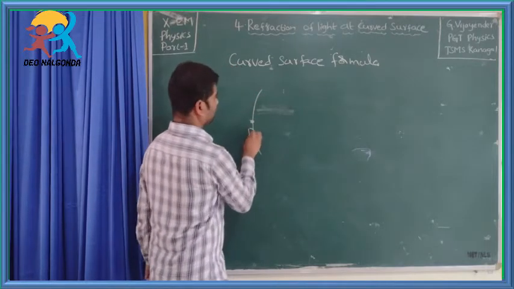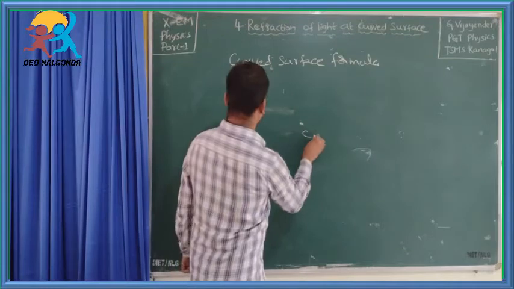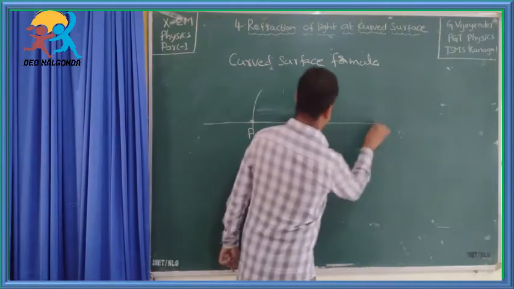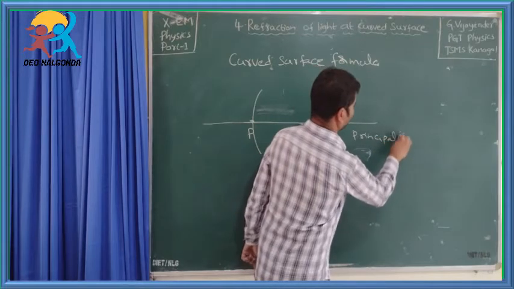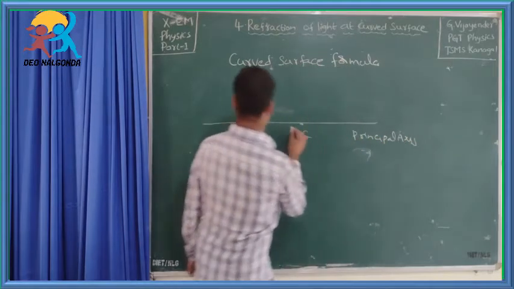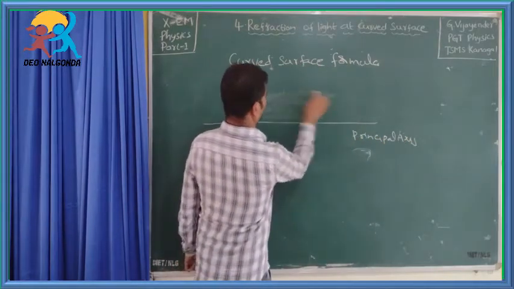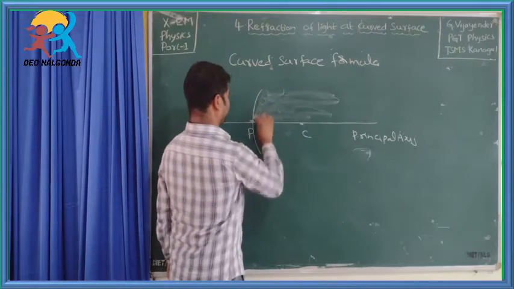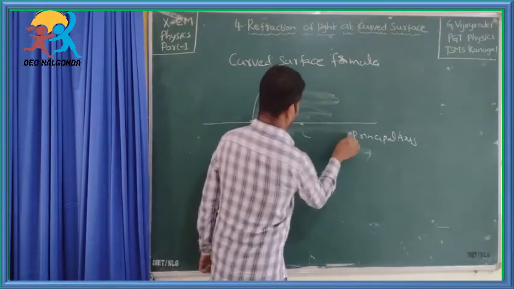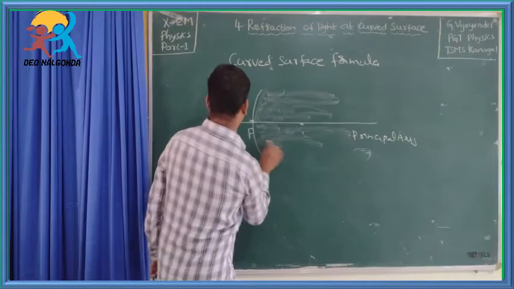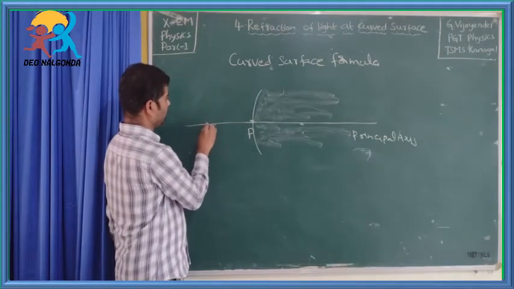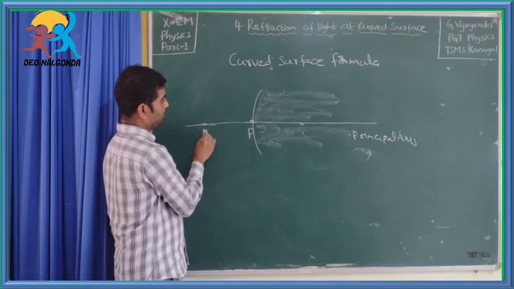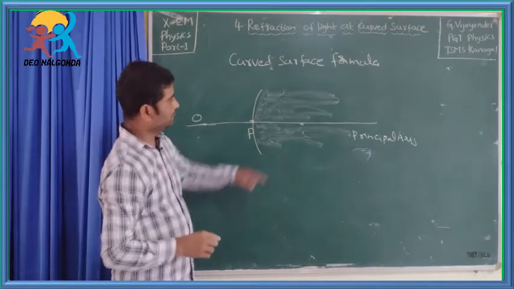This is the pole of the curved surface, this is the center of curvature, this is the principal axis, this is the denser media. Here object O is on the principal axis of this curved surface.